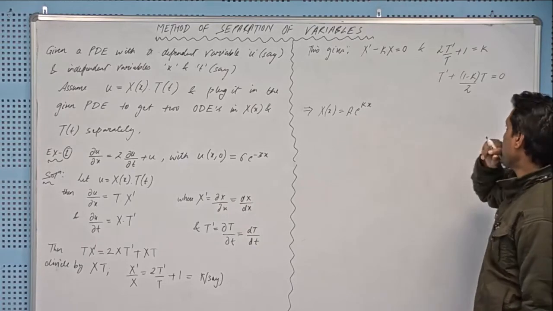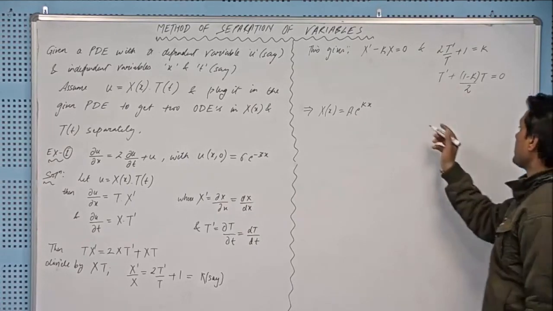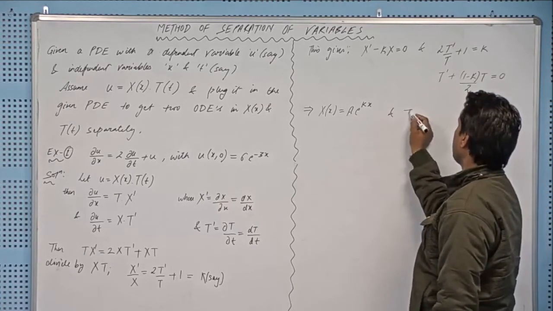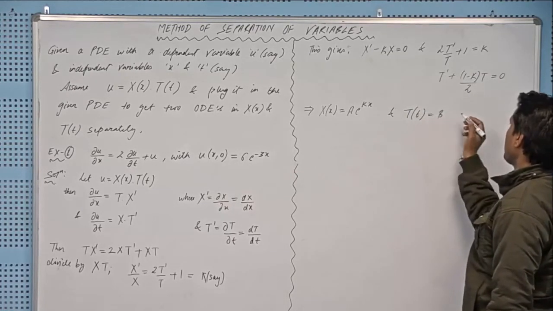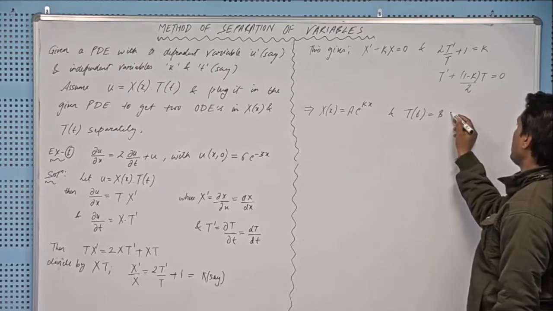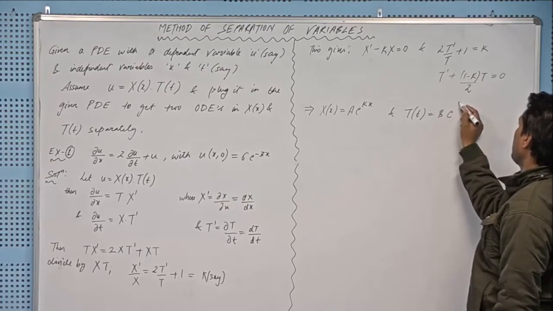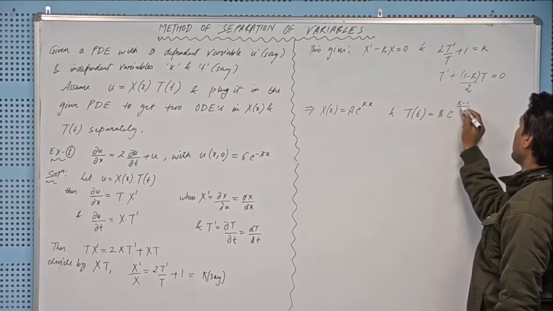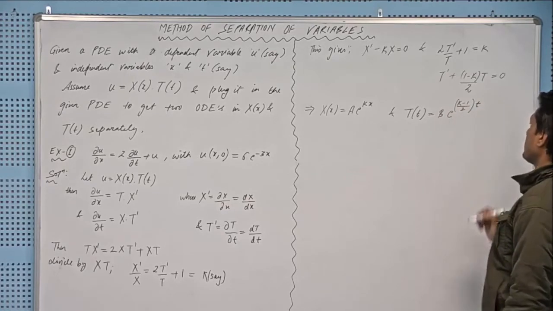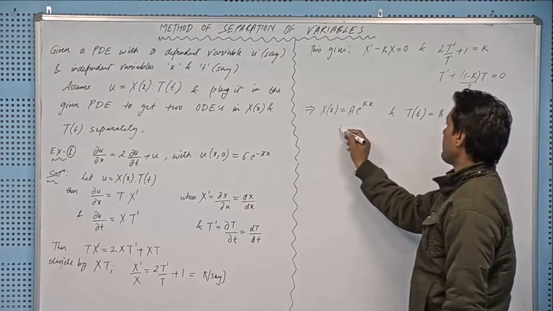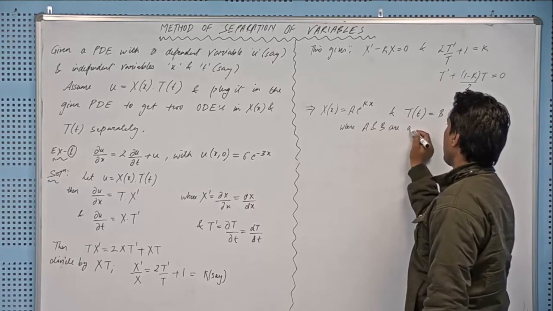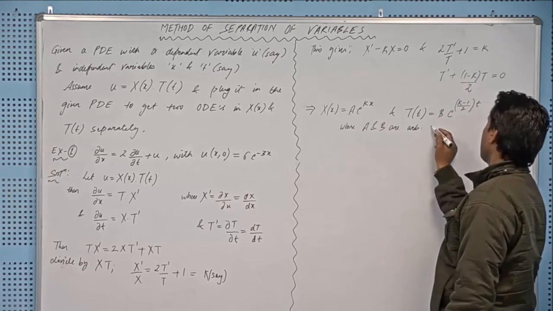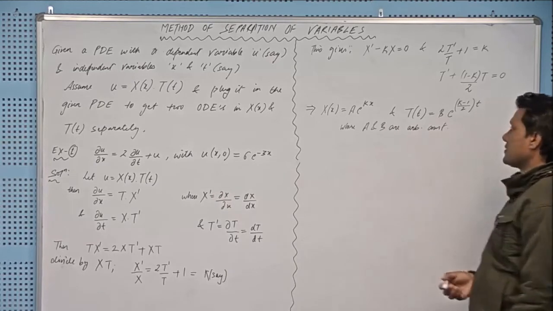And on solving the other, T as a function of t I will get, where capital B is the constant of integration, B e to the power (k minus 1) by 2 times t, where A and B are arbitrary constants.